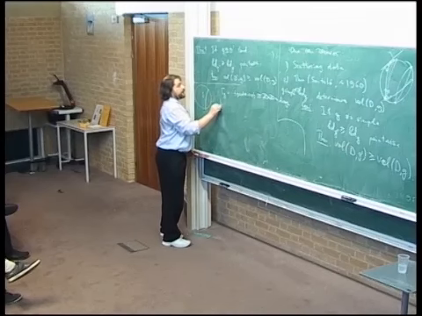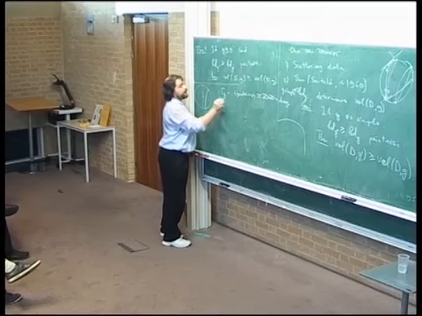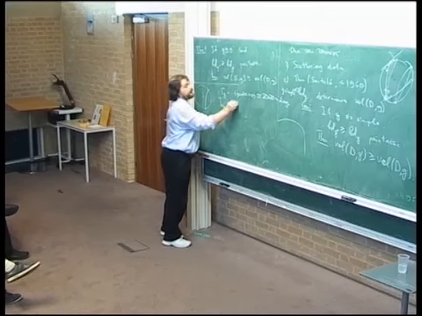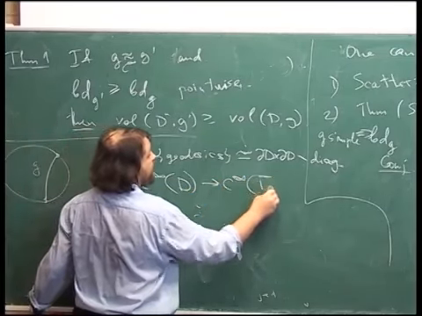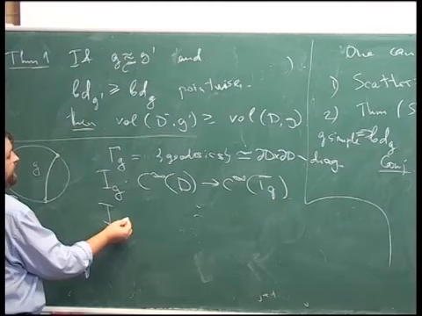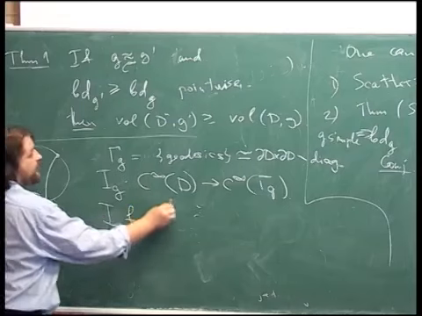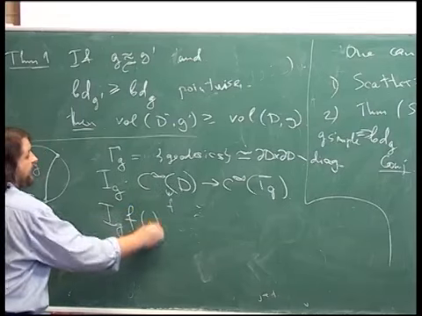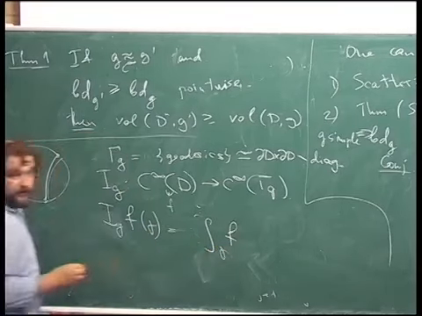So we have the ray transform I_g from C infinity of D to C infinity of Γ_g, which is the following: I_g of a function f, applied to a geodesic, is just the integral of the function over the geodesic.